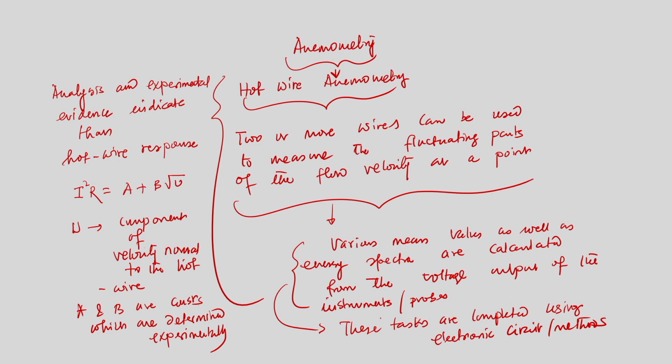Now, by measuring the I square R heating, we can directly correlate the velocity which is normal to the hot wire. If we place 2 or more wires at a particular point, by measuring the normal component of velocity by 2-3 wires, we can measure the components of velocity at that point.